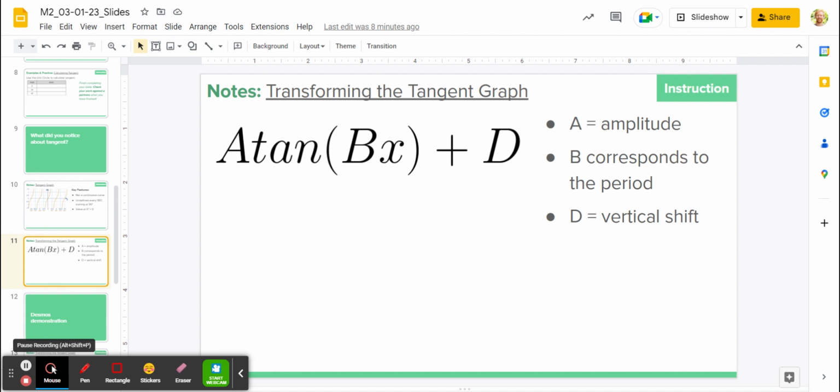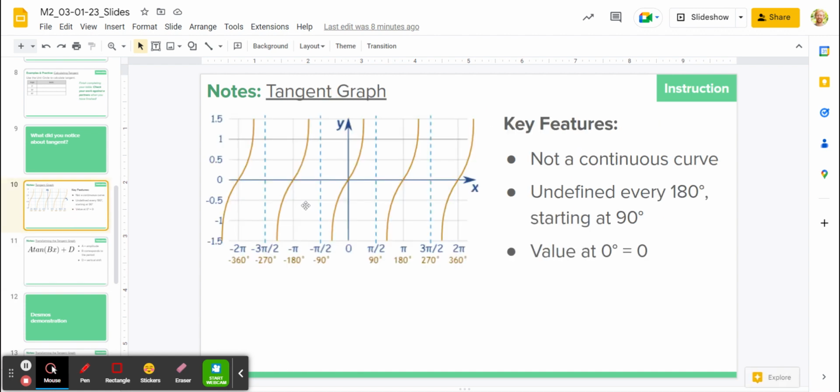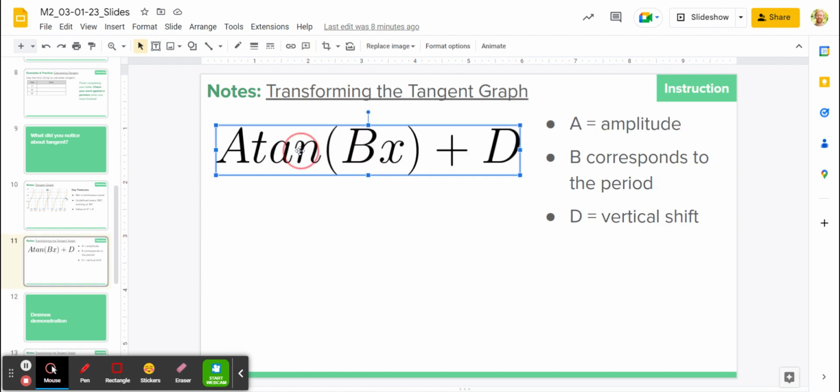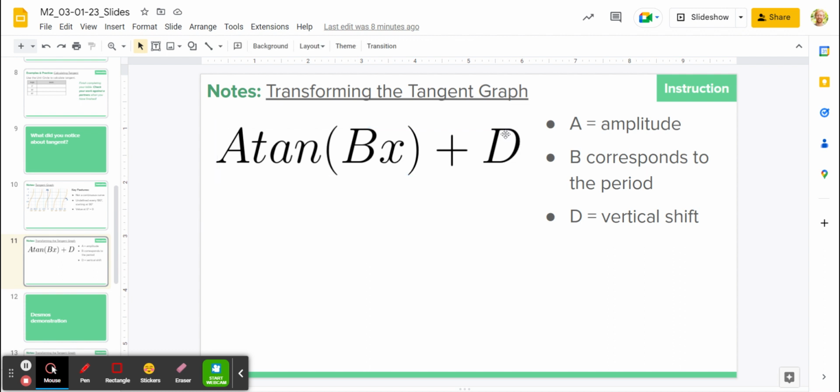Moving forward, I know we're buzzing ahead and covering a lot in tangent today. We also can transform this base graph. So if we're given this base graph that you just studied and got some key features down on, we can also transform it just like we did with sine and cosine. Look at this formula structure, a tan bx plus d. It's just like we saw with sine and cosine, and these coefficients are going to mean the same thing.